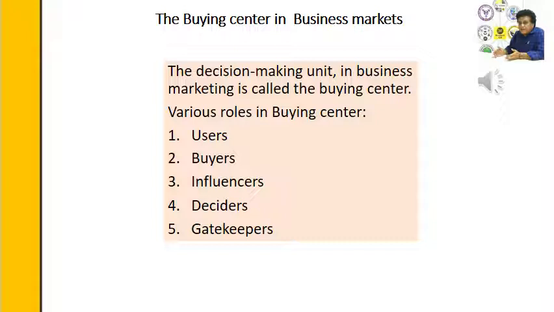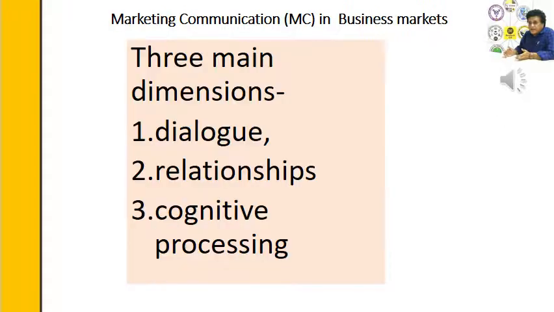It could be the finance people who may say that the budget for that year has expired, and the procurement needs to go on to the next financial year. So these are different people, and for any marketer to succeed, that marketer must have a good understanding of the buying center of that business.